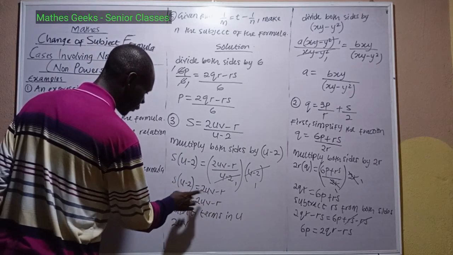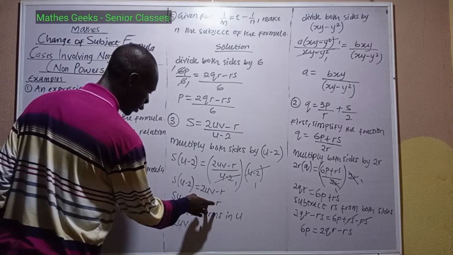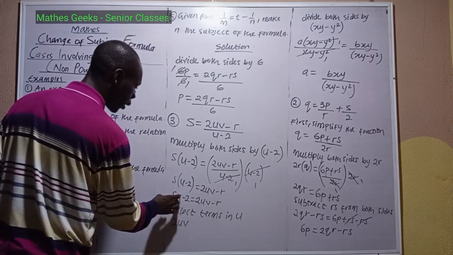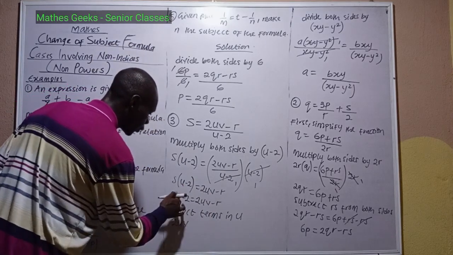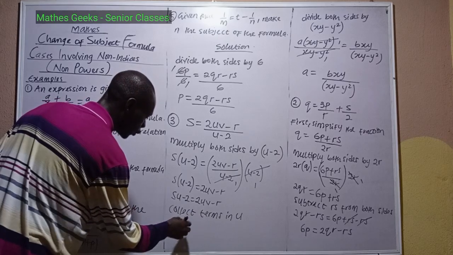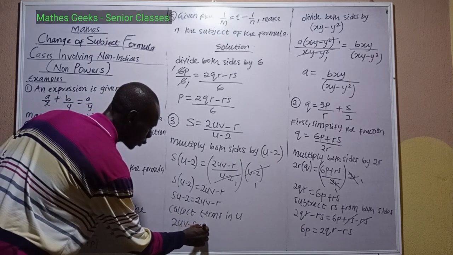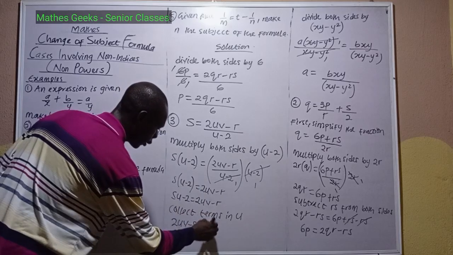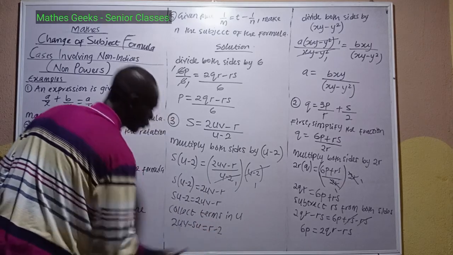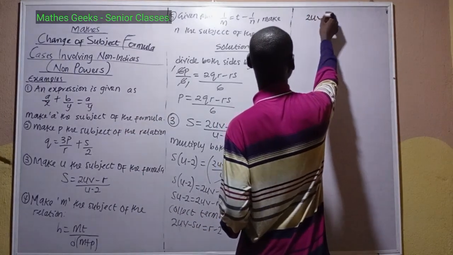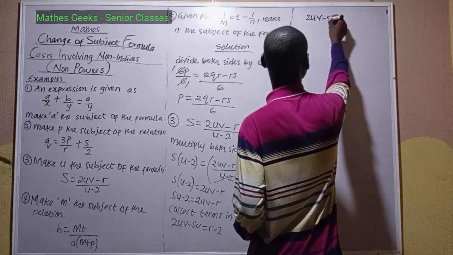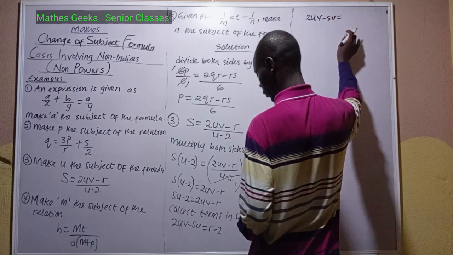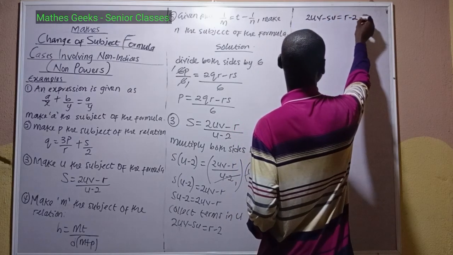So to get that, su will have to come over here, and this one will come over here, so that is r minus 2s, and then 2uv minus su. So 2uv minus su is equal to r minus 2s.